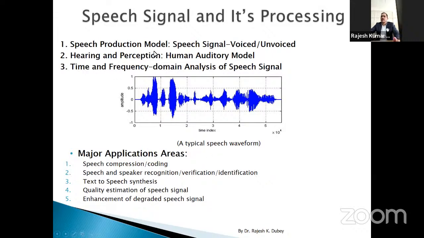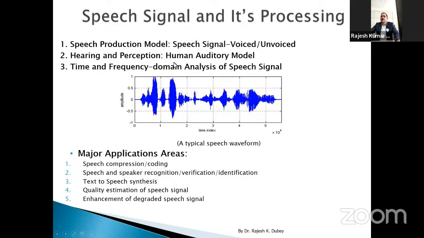Speech production model. Here that will be the signal, and we will call it a speech signal. The speech signal will mainly have two parts, voiced and unvoiced. Whatever language it is, all will have some voiced part or some unvoiced part.